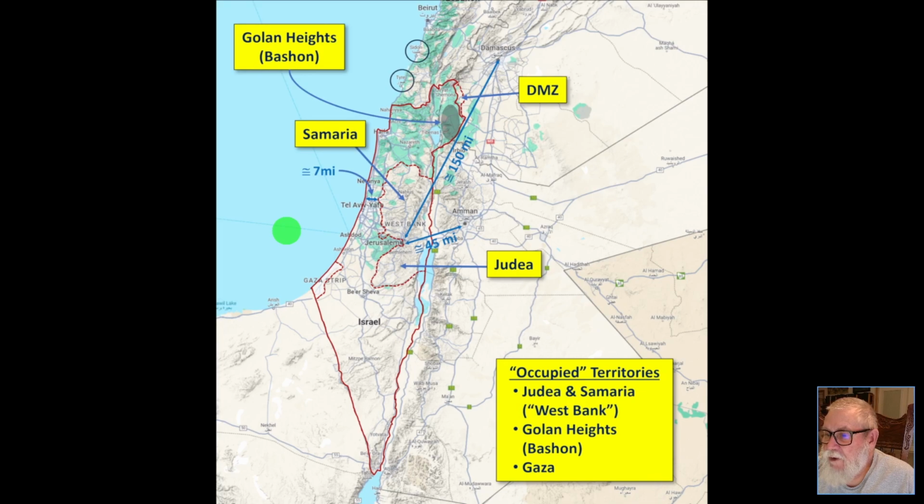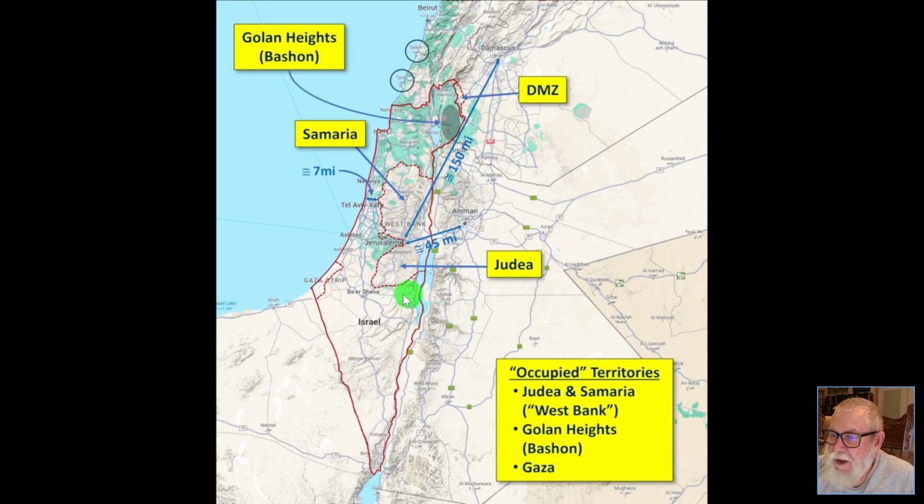So before we move on here, Israel plays a very large part in the international political stage, but it's a small country, a very small country. It's only 200 miles from up here at Mount Hermon that forms the border between Syria, Israel, and Lebanon, down to Eilat on the Gulf of Aqaba. It's only 200 miles.